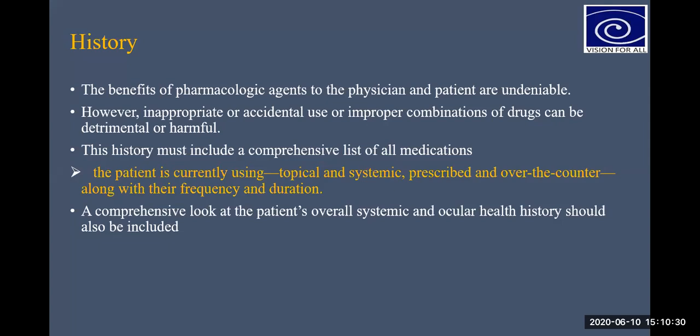We should always take a comprehensive look at the patient's overall systemic and ocular health history, because any existing condition may alter the therapeutic or diagnostic plan of attack. So these are the points that we have to mention in our AMR or any paperwork if any hospital is having.